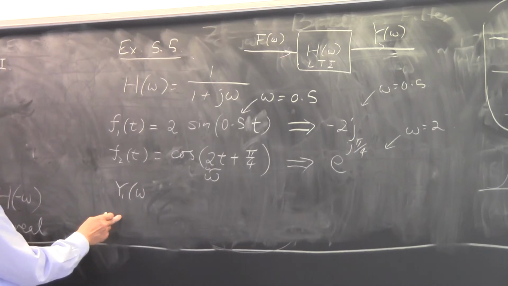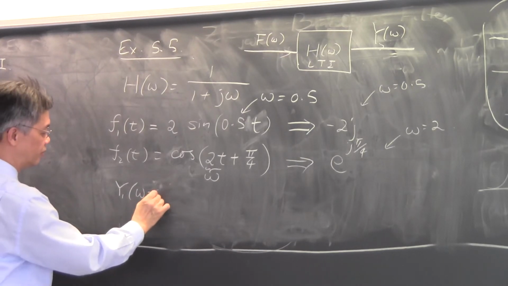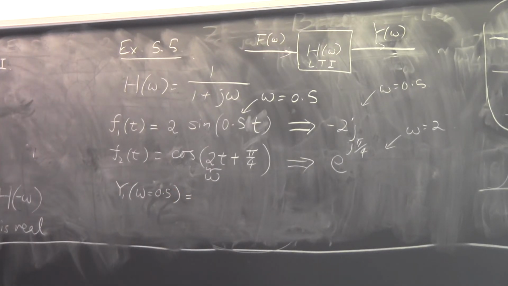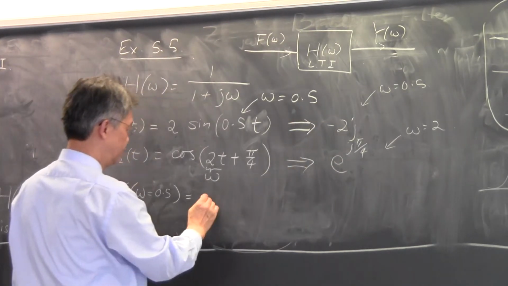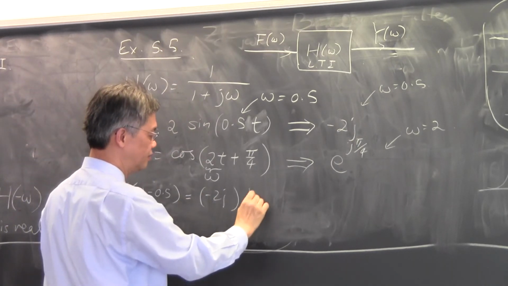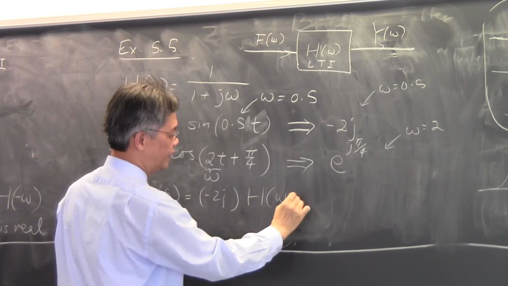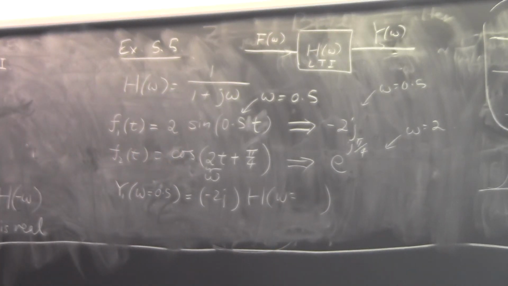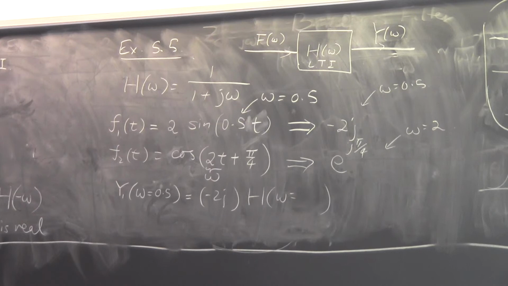If these are the phasor inputs, what is the phasor output Y1 for omega equals 0.5? It will be the input phasor, minus 2j, times the frequency response at omega equals what? What must I pick for my frequency response in order to make the output come out correct? 0.5.